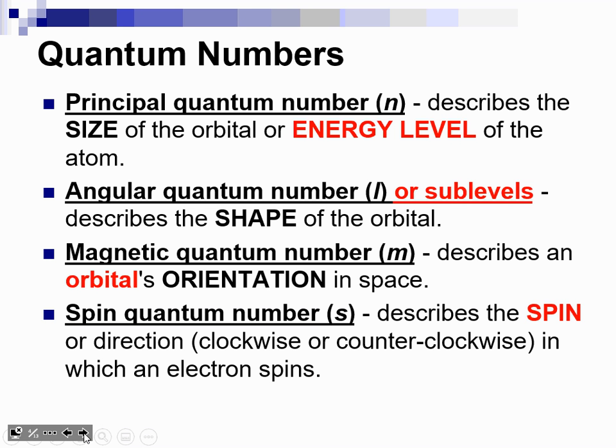Now, with these 4 quantum numbers, no 2 electrons have the same 4 quantum numbers. They could have 3 out of the 4, but if the principal, angular, and magnetic quantum numbers are all the same, then the spin would be different. So no 2 electrons have the same 4 quantum numbers.